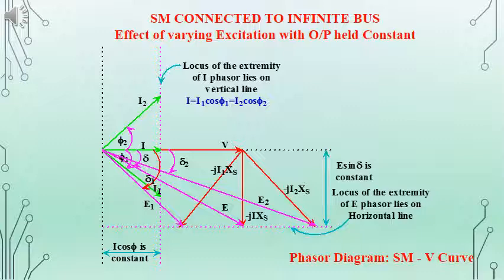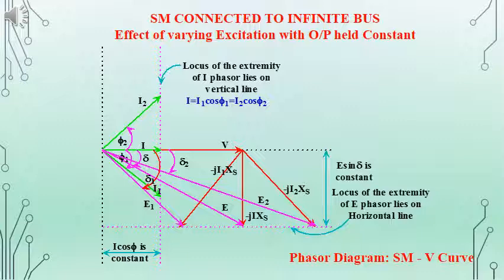So by keeping the power output and the power input constant, by changing the magnitude of excitation, there will be a change in armature current and there will be a change in power factor also.